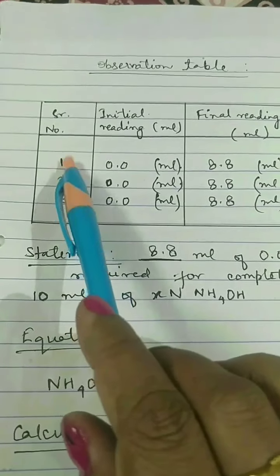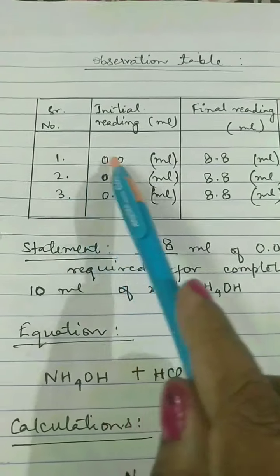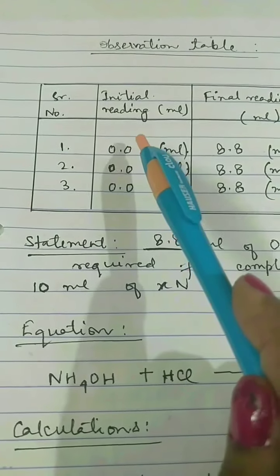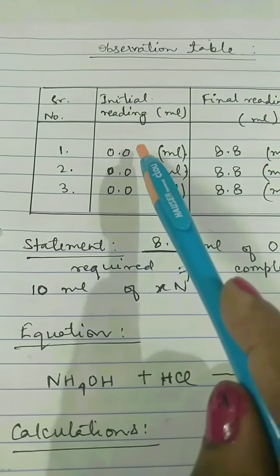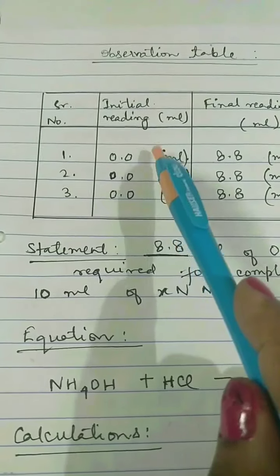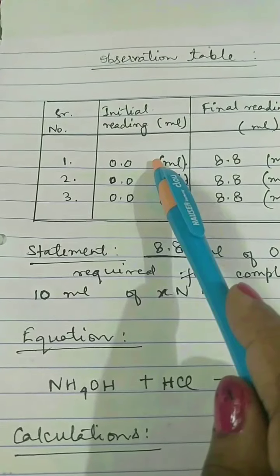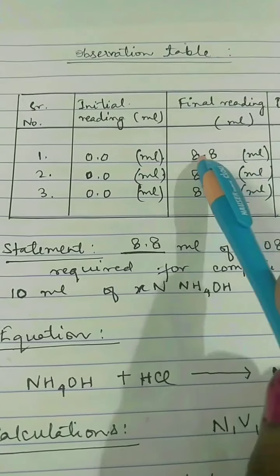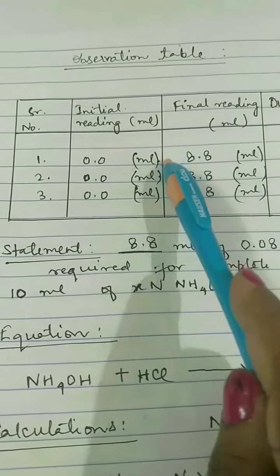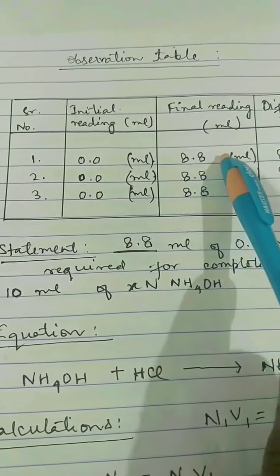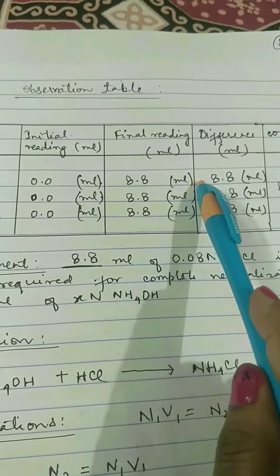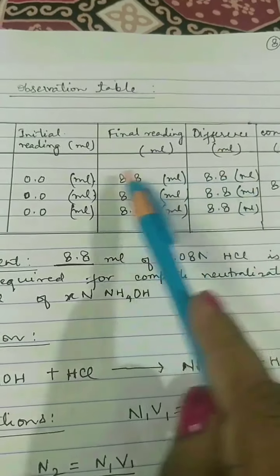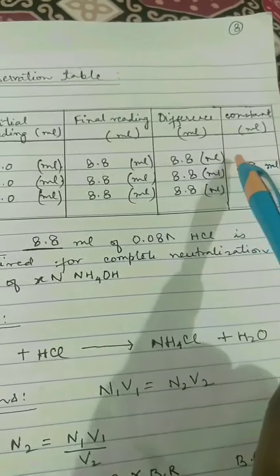In the second column we have to write the initial reading, that will be 0.0. So for that we have to set the lower meniscus at 0 in the burette. Then we will write down the final reading, that means how much HCl has been consumed in the first reading. Difference is final reading minus initial reading.